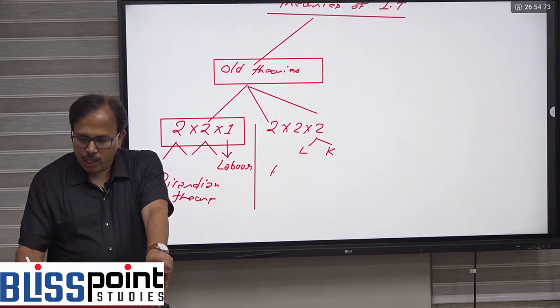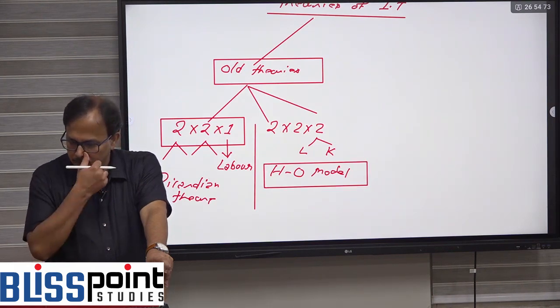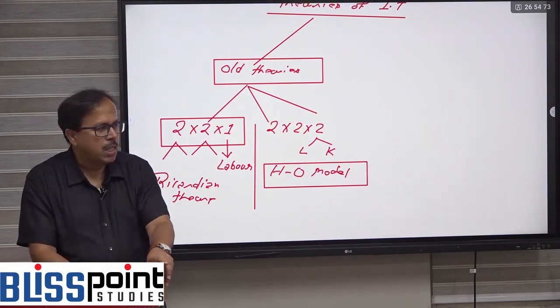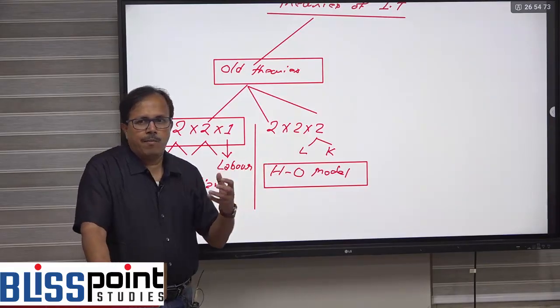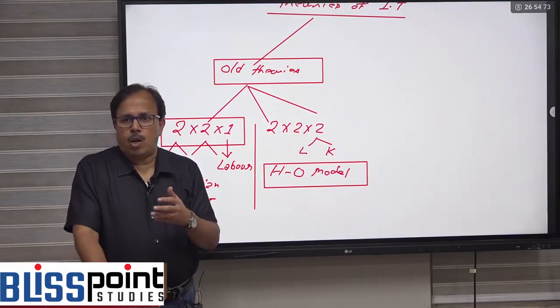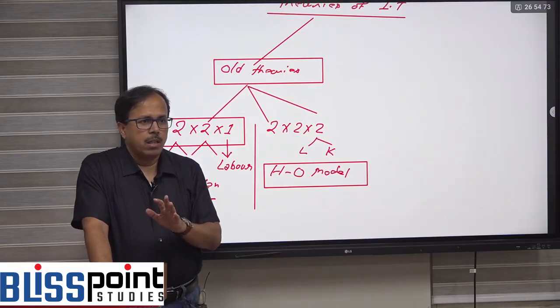This model is a Heckscher-Ohlin model, HO model. The main idea of Heckscher-Ohlin model says that trade arises because countries differ in terms of their factor endowment. So home country may be labor abundant, foreign country may be capital abundant.